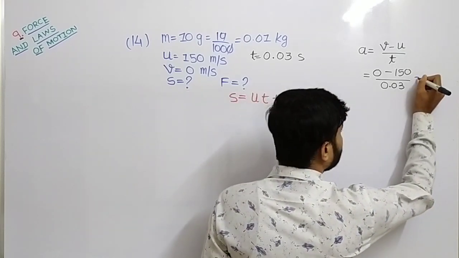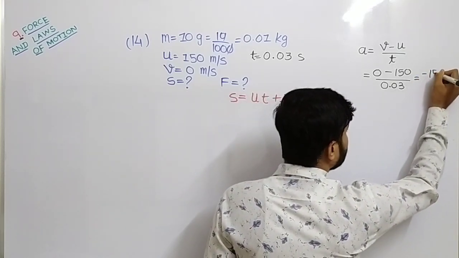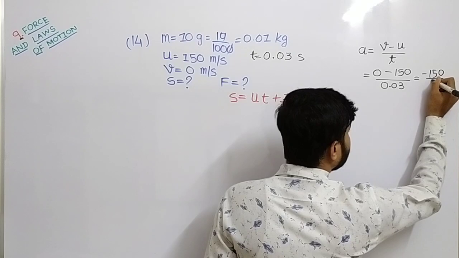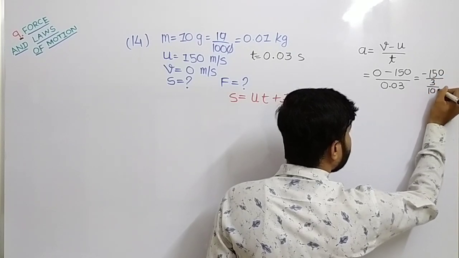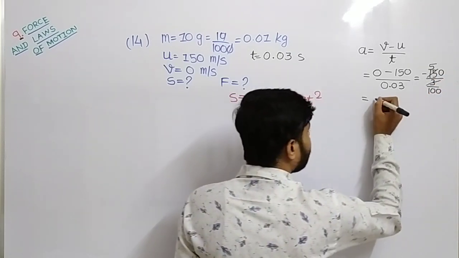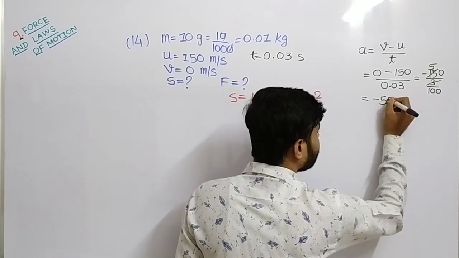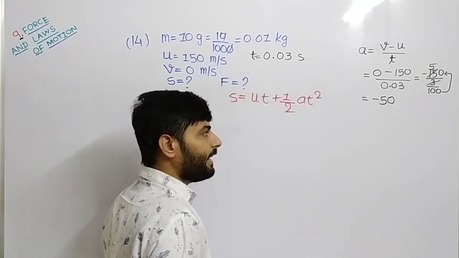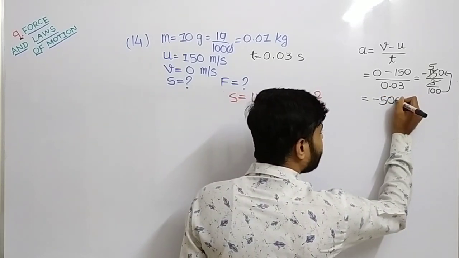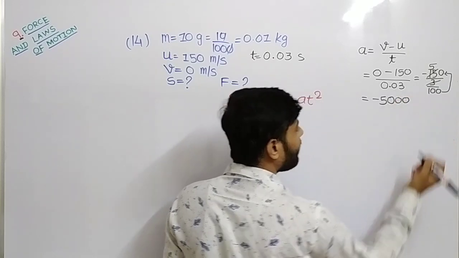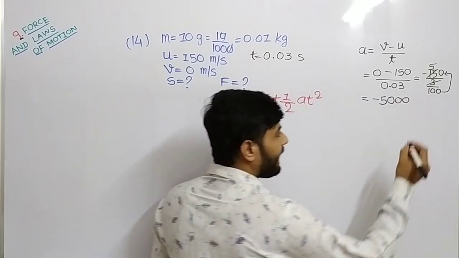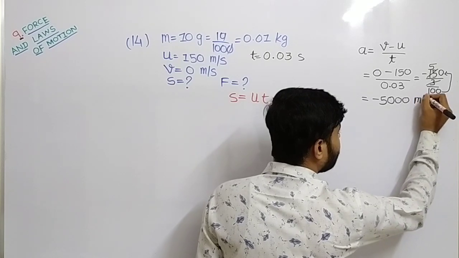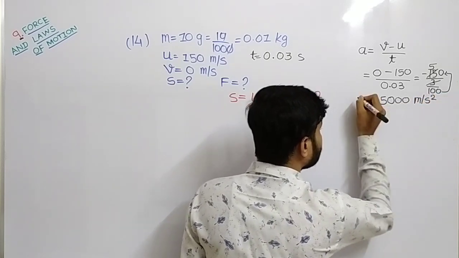So I have minus 150 divided by 3 by 100. So I have minus 50 in the numerator, so 50 into 100, that is 5000. Acceleration is in meter per second square.